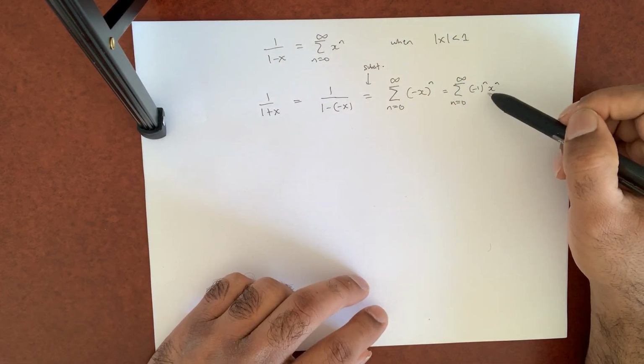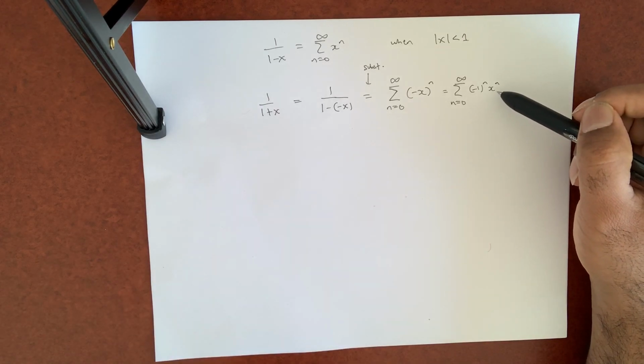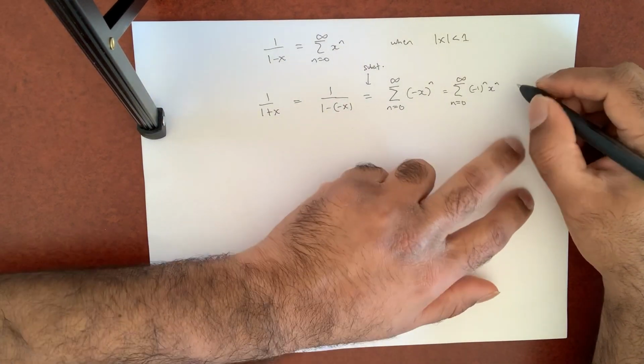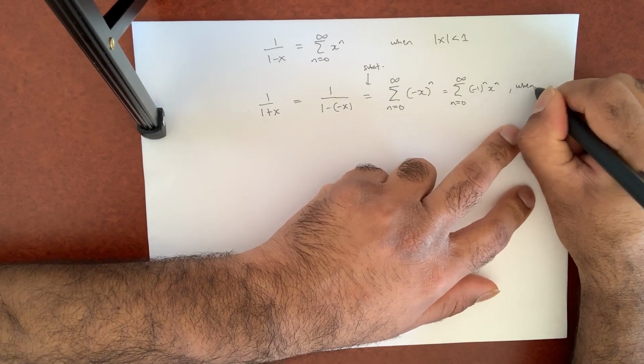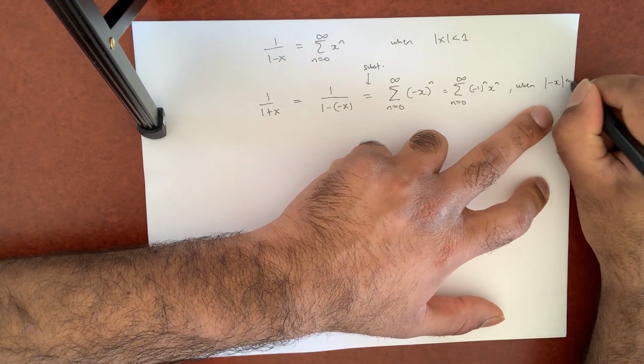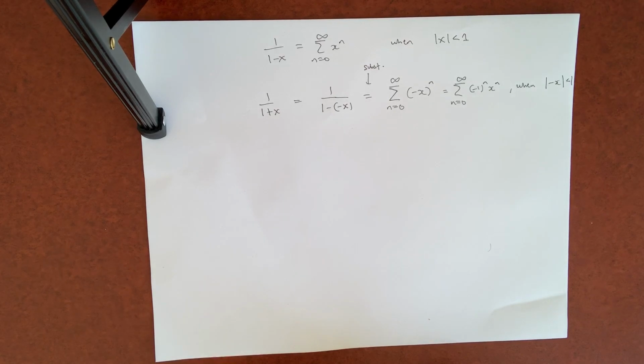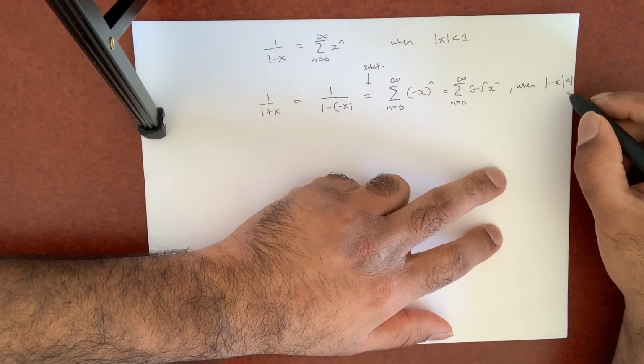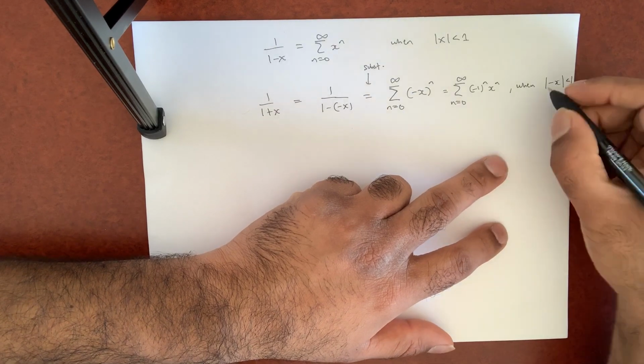And the good thing is also we don't have to do a separate ratio test to check for where this converges. This converges when we can do a substitution here as well: the absolute value of negative x is less than 1. Well, when is negative x in absolute value less than 1?